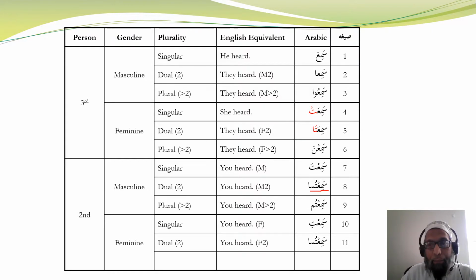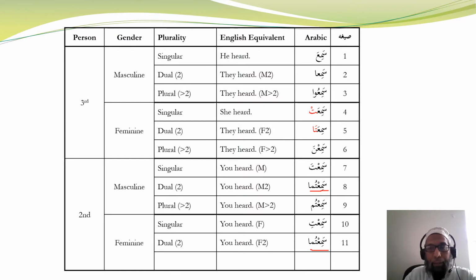It's mentioned separately, I guess for the sake of ease in memorizing, because you have 3 for each. 3 for masculine third person, 3 for feminine third person, and then 3 for the masculine second person, and then you need to have 3 so that the pattern can remain the same for the feminine second person as well.